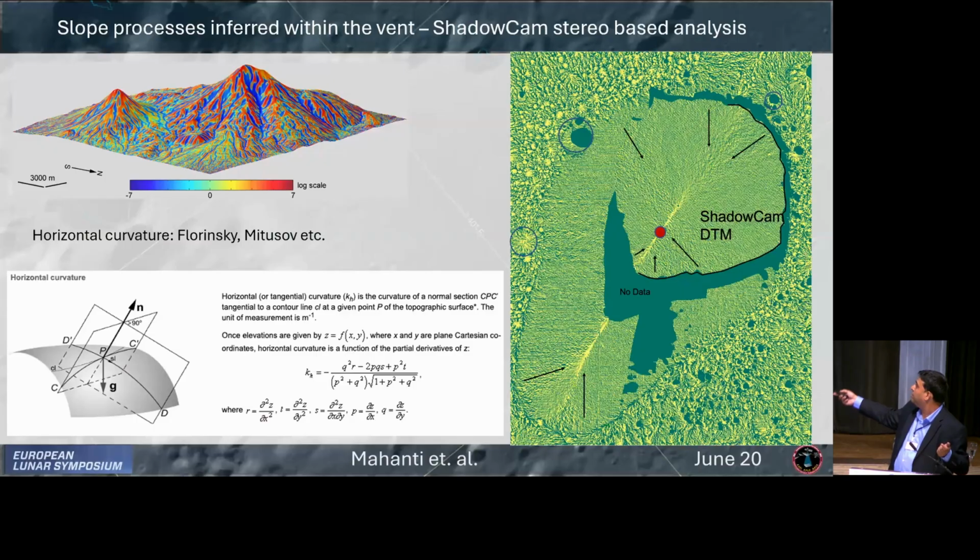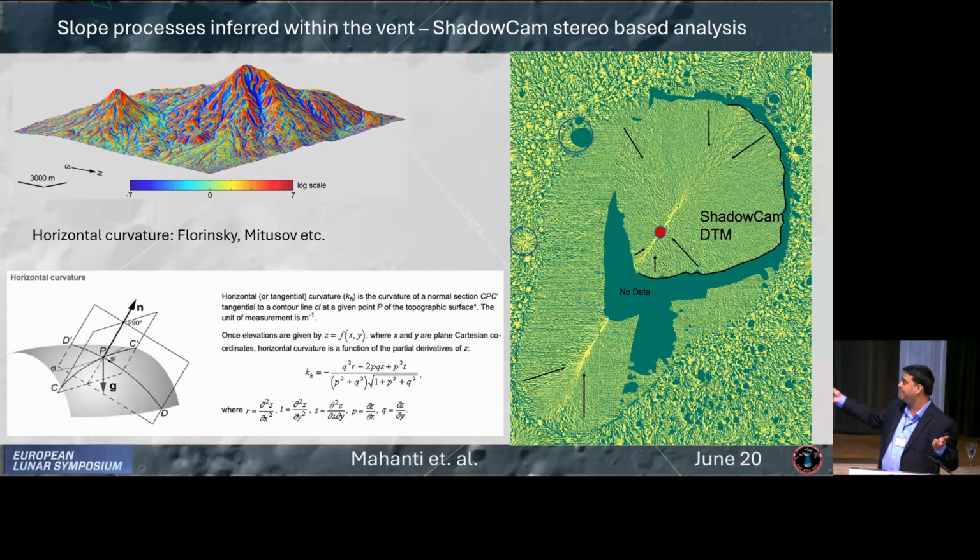Okay, so the other thing that we could do with our stereos from ShadowCam is that, from the level of topography, we can now actually look at slope processes. Here is a tool that we have recently used for another work in the Shackleton PSR. We are using something called the horizontal curvature.